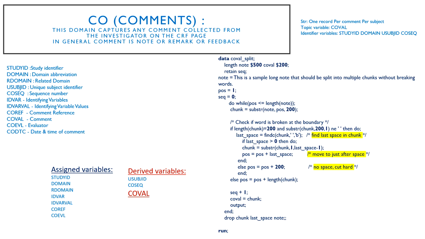In this way we have to write. If the overall length was not more than 200, then directly it comes here: position equal to position plus length of chunk. In this way you have to write the code for coval. Okay, thank you.